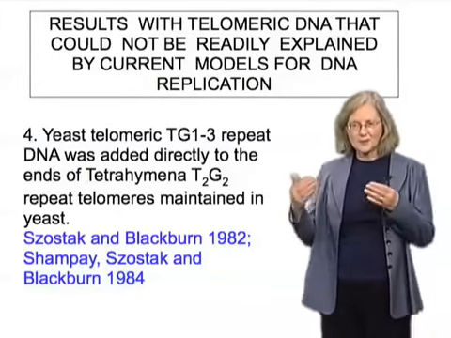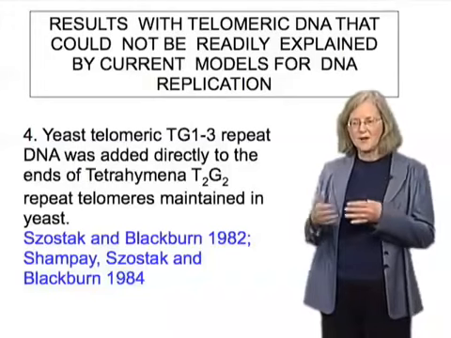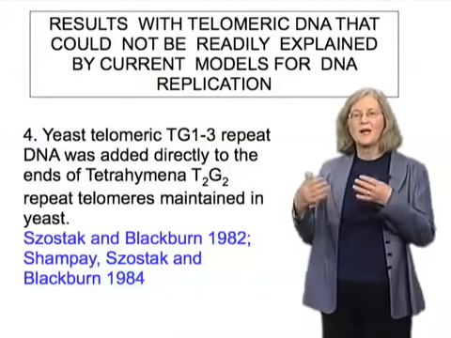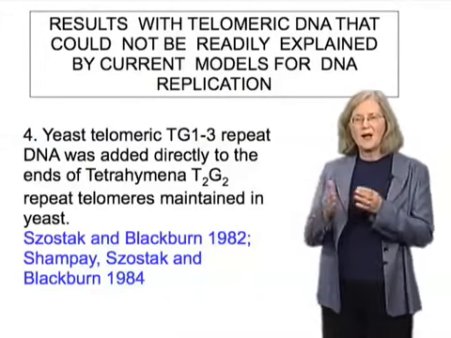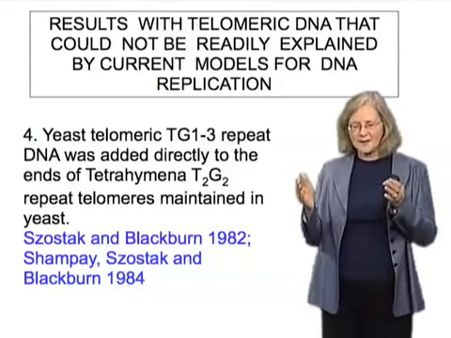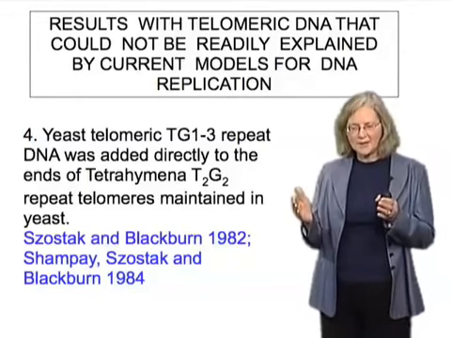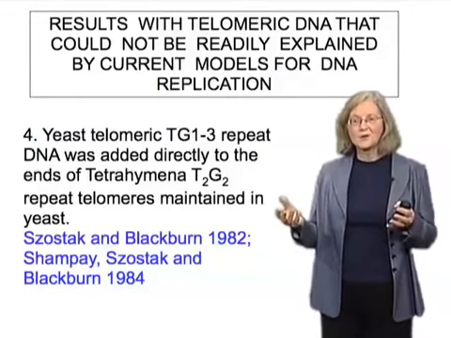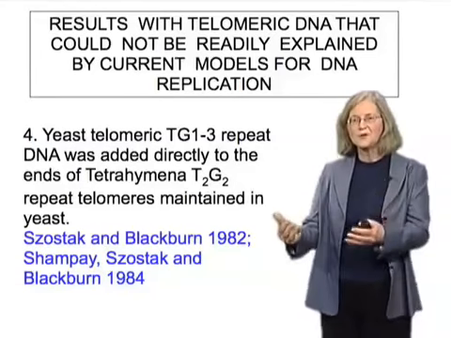So the grafting was done in vitro with enzymes and the purified DNA molecules, and then the resulting hybrid of the yeast linearized plasmid and the telomeres added onto its end was introduced into yeast cells.